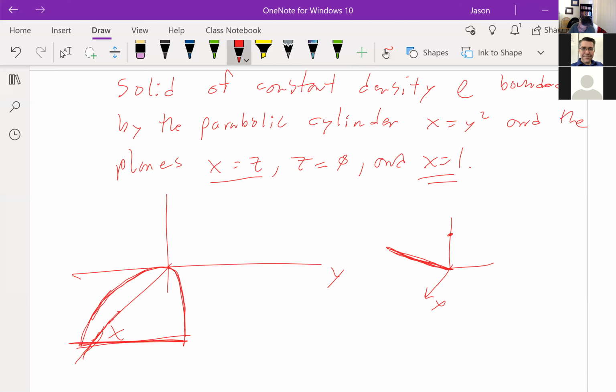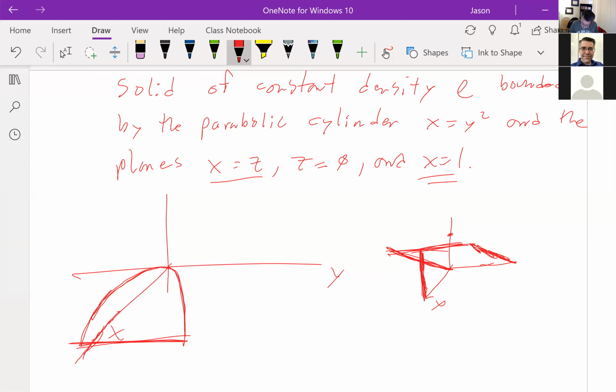X and z are always equal, but x is bounded by 1. So the highest this can go up is 1.